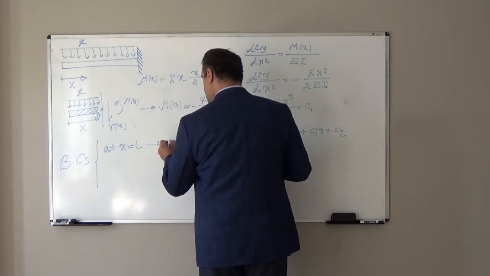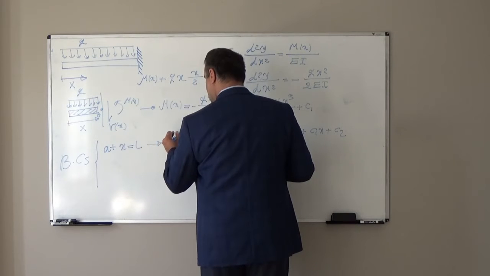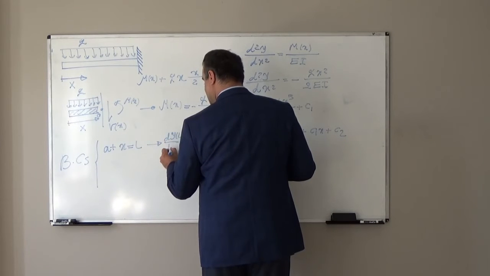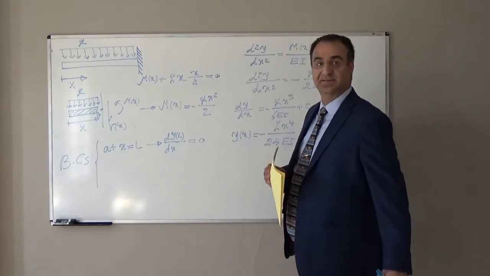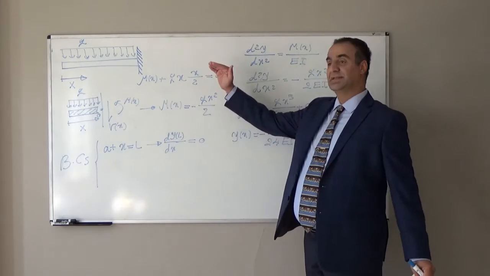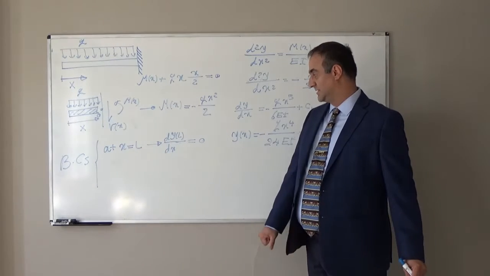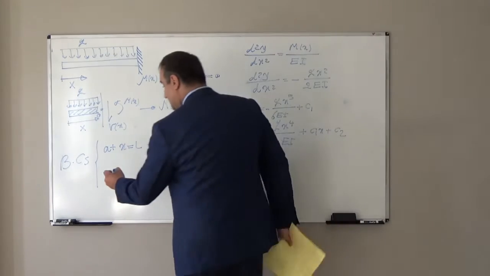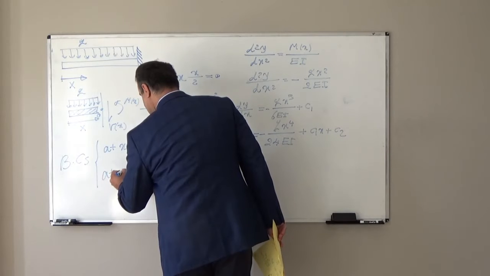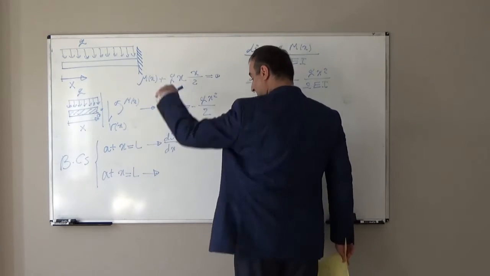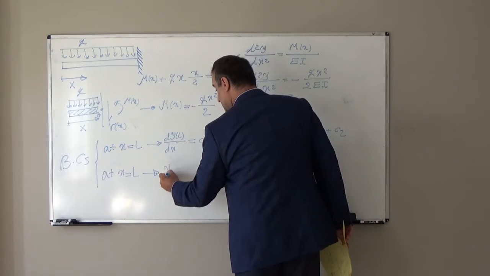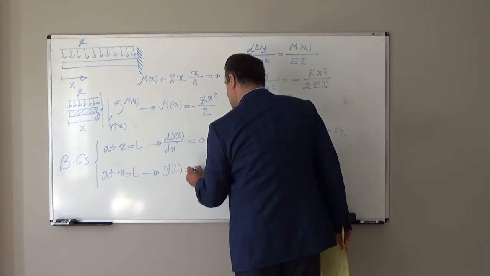We know dy over dx at that point, it means slope should be equal to 0, because at fixed support the beam cannot rotate, so slope is equal to 0. At fixed support at x equal to L, we know deformation or deflection in vertical direction, y at L, again should be equal to 0.